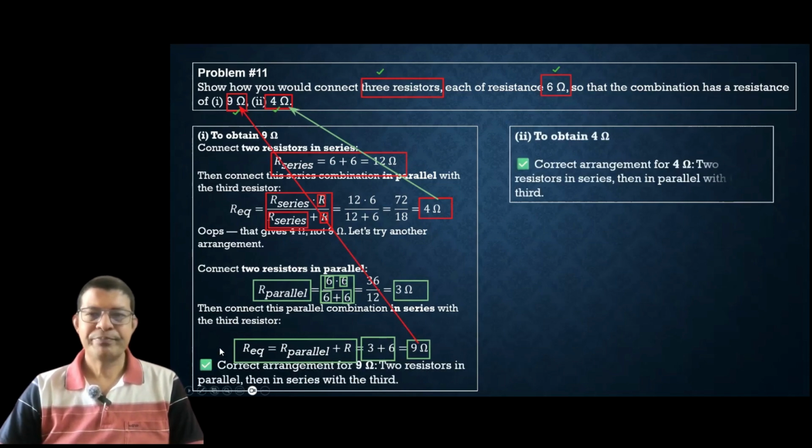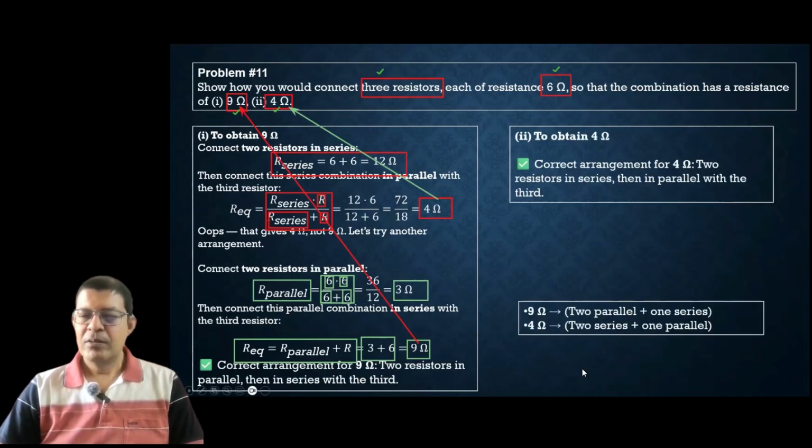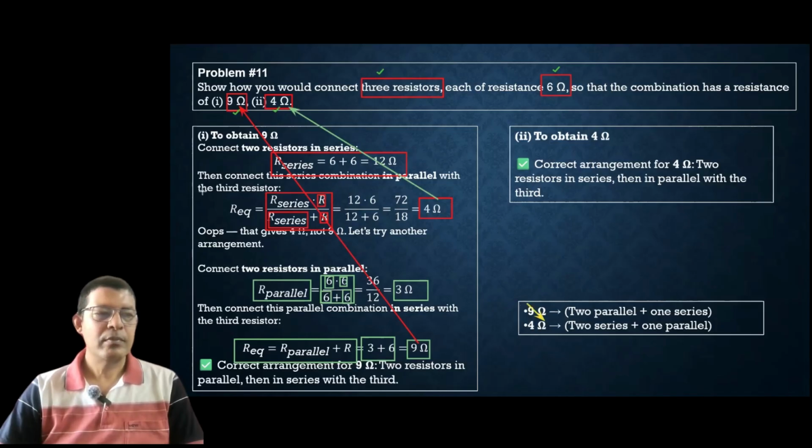Right? So what we do to get 9 ohm, we take 2 in parallel and 1 in series. I want a box. Come on, give me a box. Okay, I got a box. 9 ohm. To get 9 ohm, what we did? We took two resistors in series first and then the third in parallel.